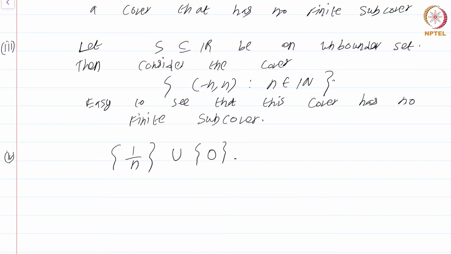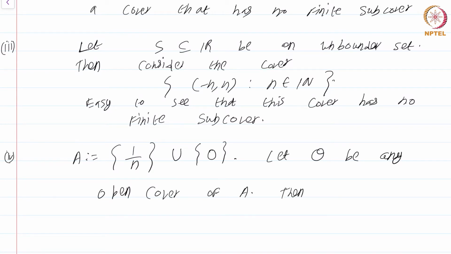Let me call this set A. Let O be any open cover of A. Then notice that for some O_1 in O, 0 belongs to O_1. Because this is an open cover of A, some element in this cover has to contain the element 0.